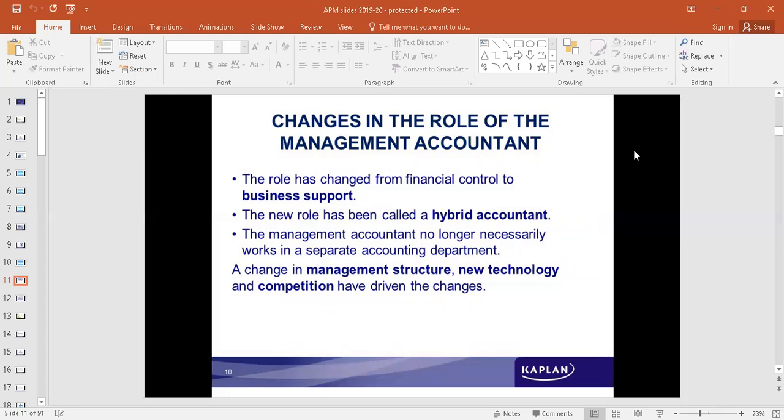So it is kind of similar to the role of a management accountant. So it is basically you who is doing that. So what changes have taken place?